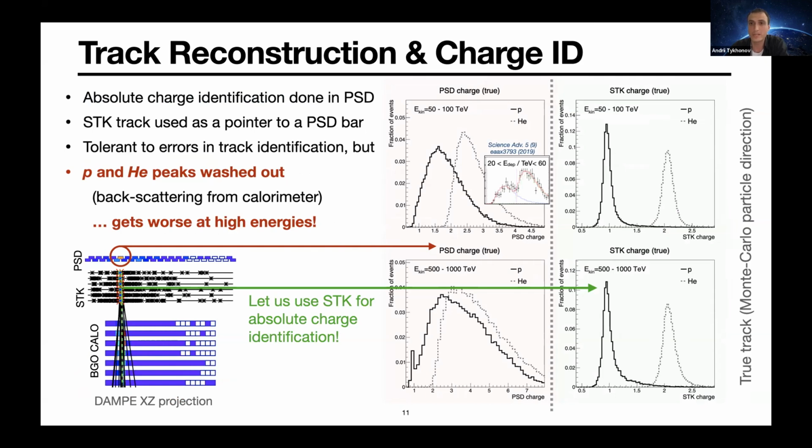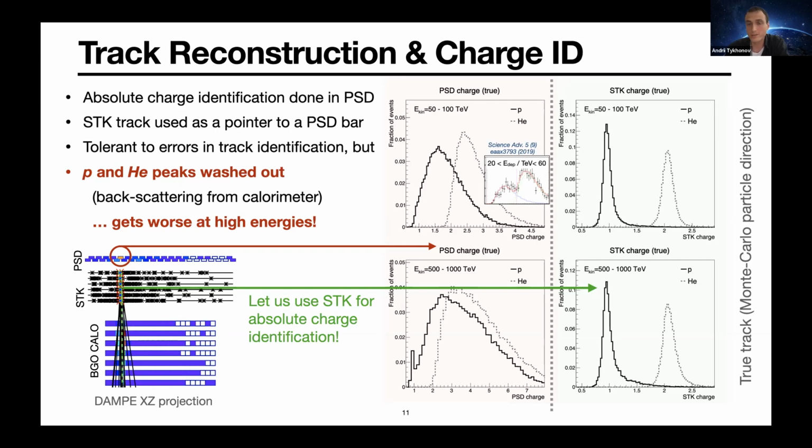So even if you are slightly wrong with your track, which I remind you has a resolution of 50 microns, as long as it's close enough to the real track, it will still point to the correct plastic scintillator bar and you will identify the charge. But there is a problem.